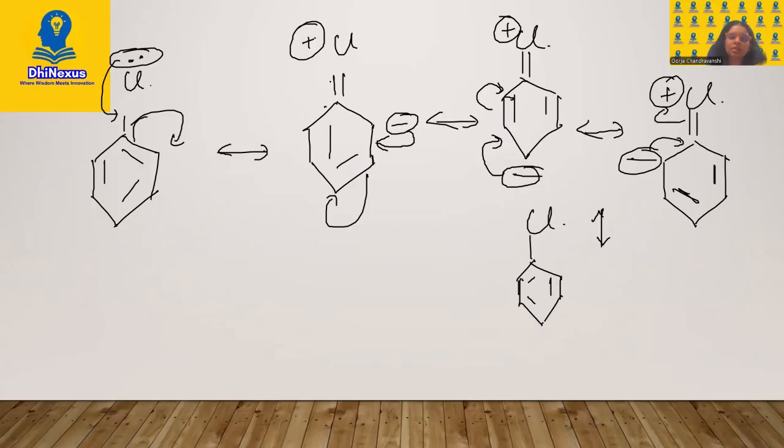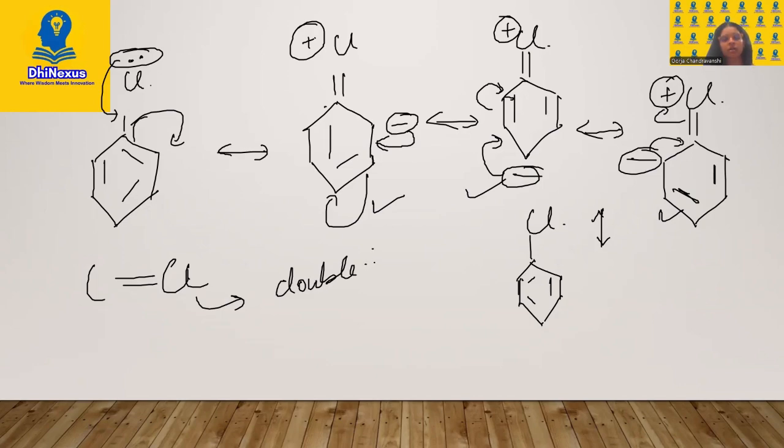As you can see, on these positions we are seeing a carbon-chlorine double bond. Now, a double bond is known to be shorter as compared to a single bond, as well as stronger.